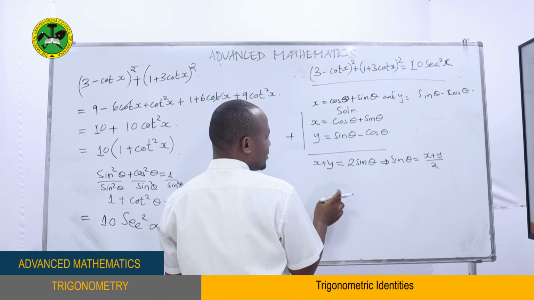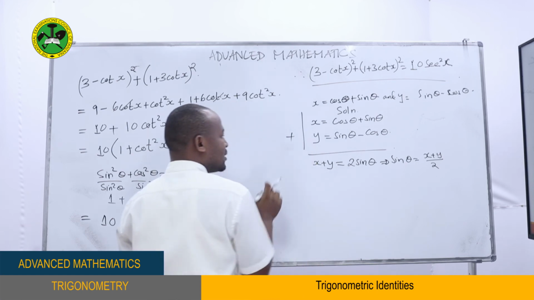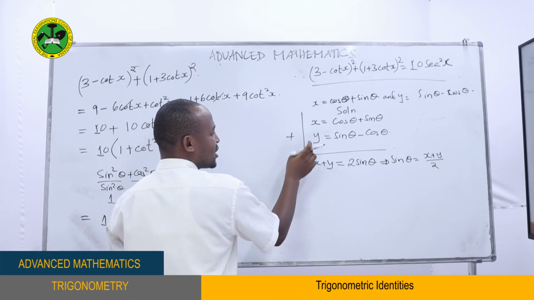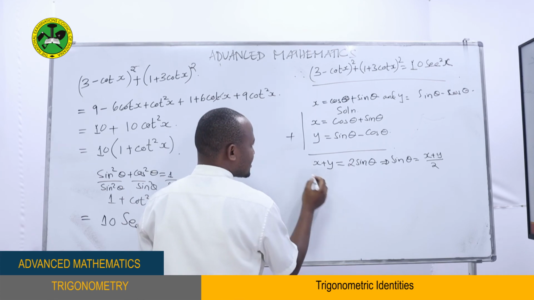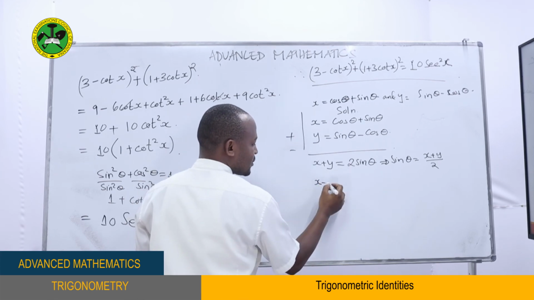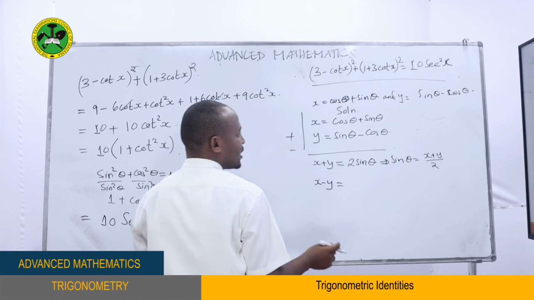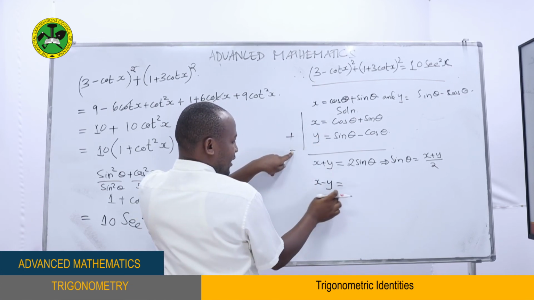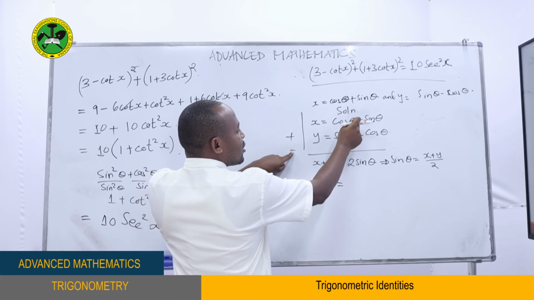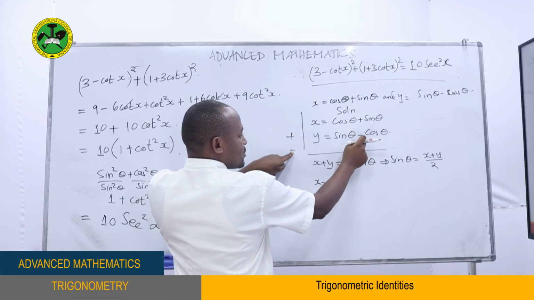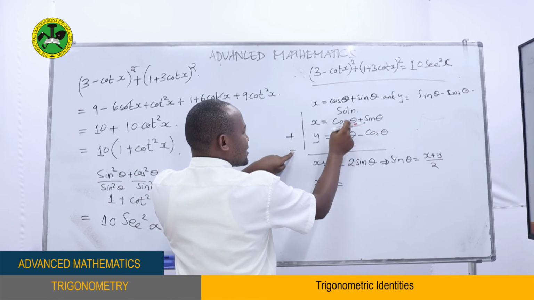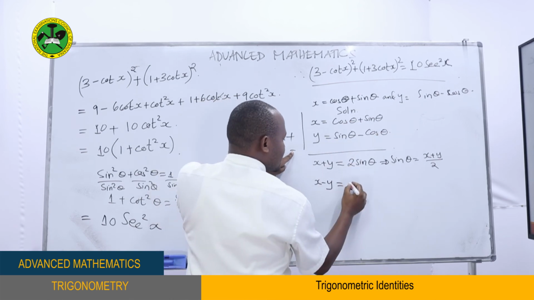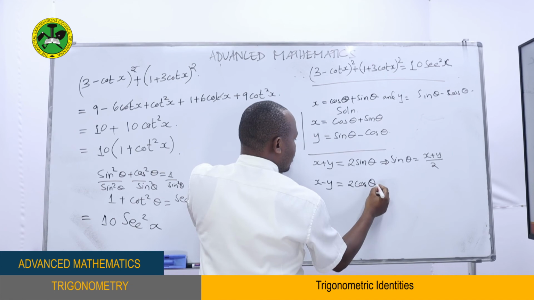And let's go to the next step. I will subtract the two. Subtracting the two, that means you are going to be left with x minus y is equal to what? Remember we have a subtraction there. Then we have a cos minus negative cos, that means cos plus cos, that means it will be 2 cos theta.